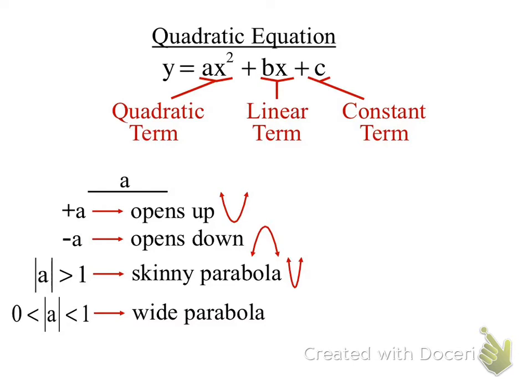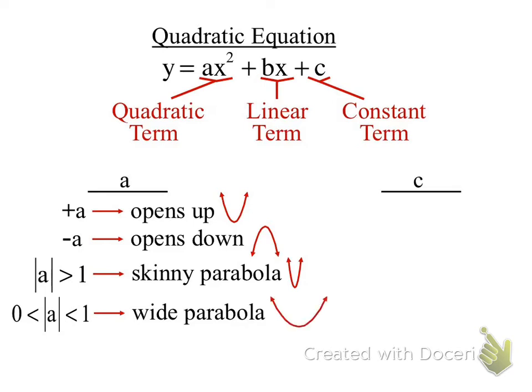If it's a number greater than 1, it's going to be skinny. If it's a number that's less than 1, it's going to be wide. Less than 0 will make it go down. So I don't need anything less than 0, negatives. That's why absolute value gets rid of it.